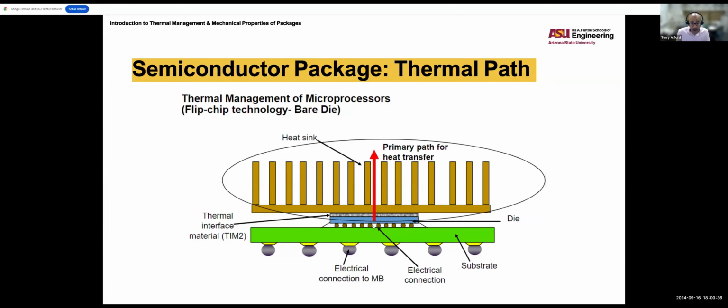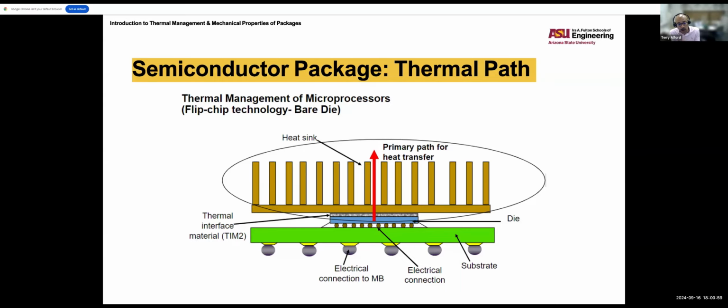Not in this direction, because here we have more surface area. So let's say we're cooling by convection, meaning we have a fan blowing air or some liquid between these fins. Now we have more surface area with which to interact to remove the heat.